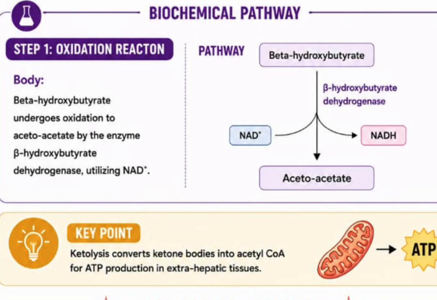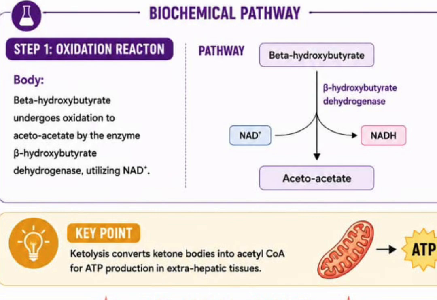So now I'm beta hydroxybutyrate, I pass through the different barriers and I am shared to different tissues. Then what will I do next? I will not be reduced now. The last step of ketogenesis is the reduction of acetoacetate to beta hydroxybutyrate.